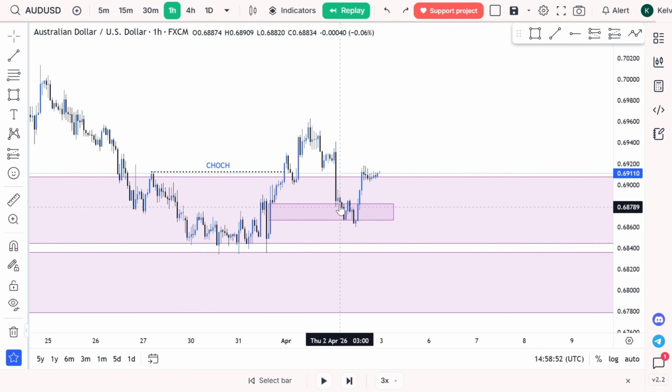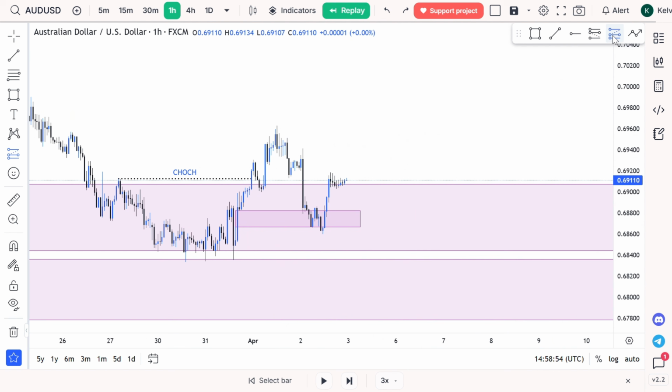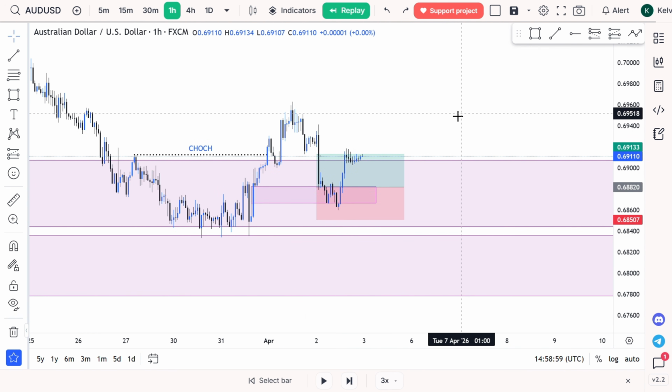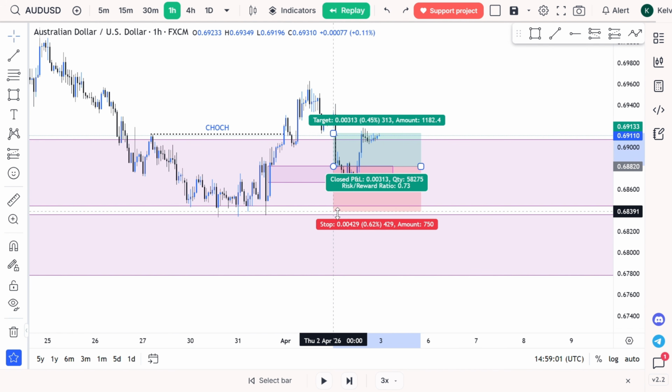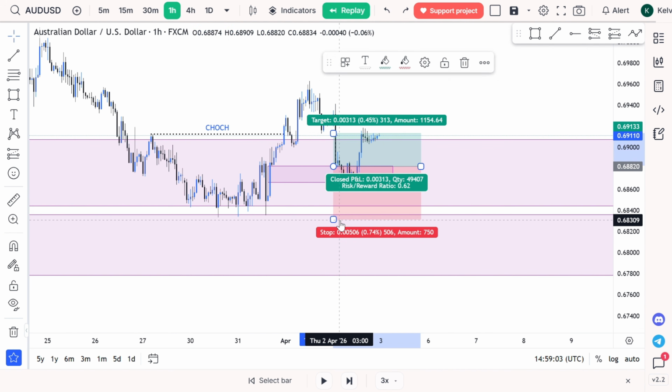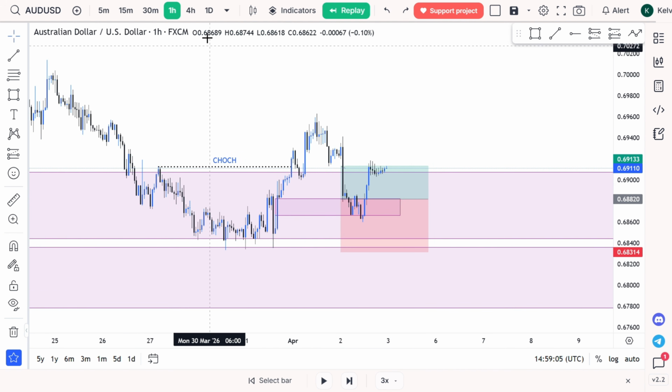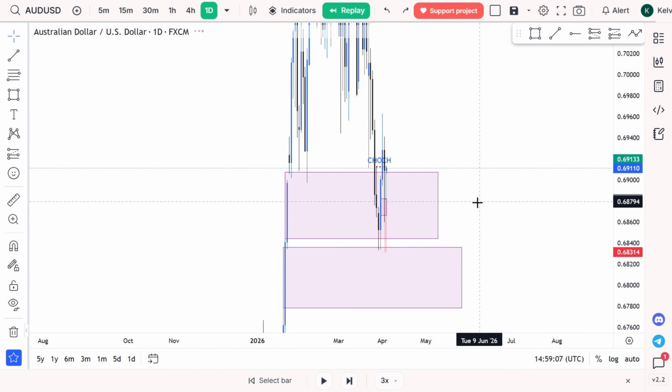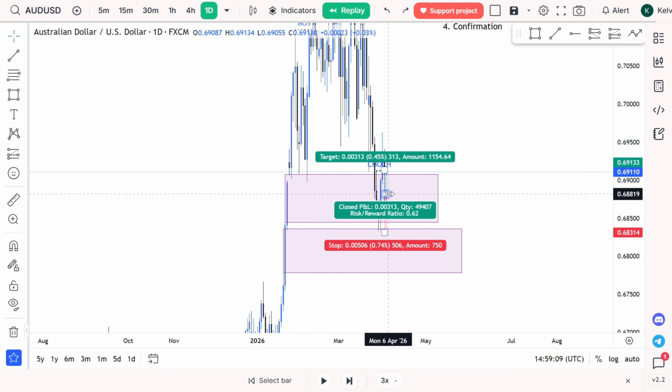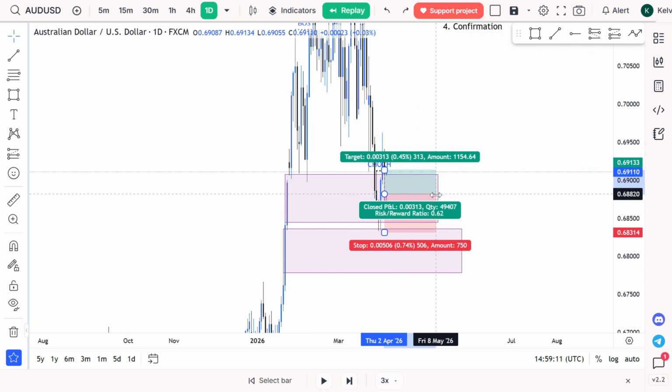So I could have probably been taking a trade from this extreme fair value gap. So if you take your trade from that area, your stop loss will be below that point. And then now, to the daily time frame, you'll be targeting at least a 1:3 risk to reward ratio.